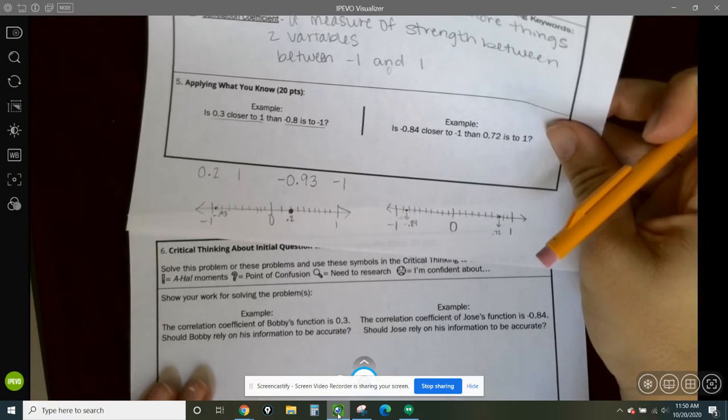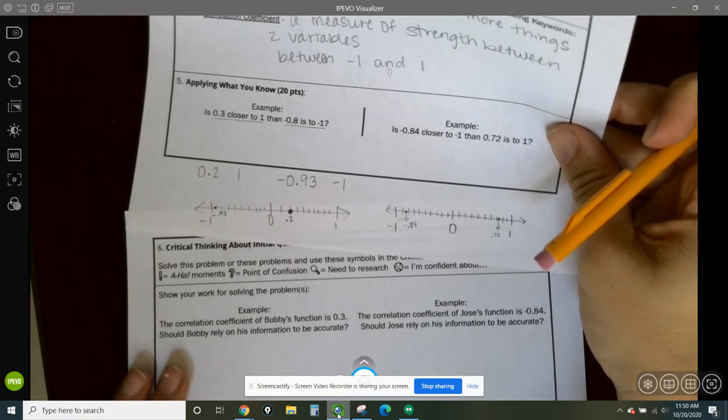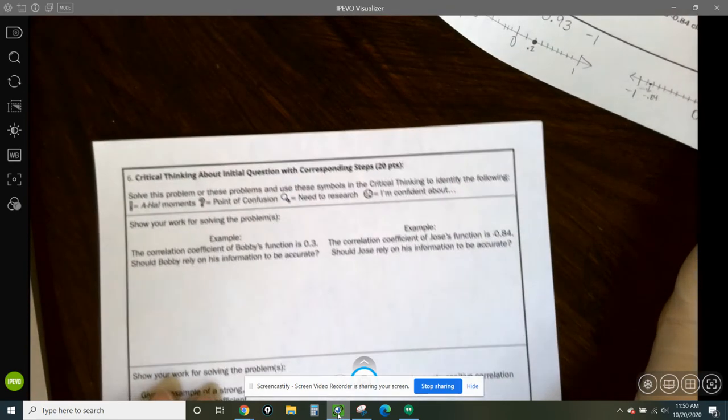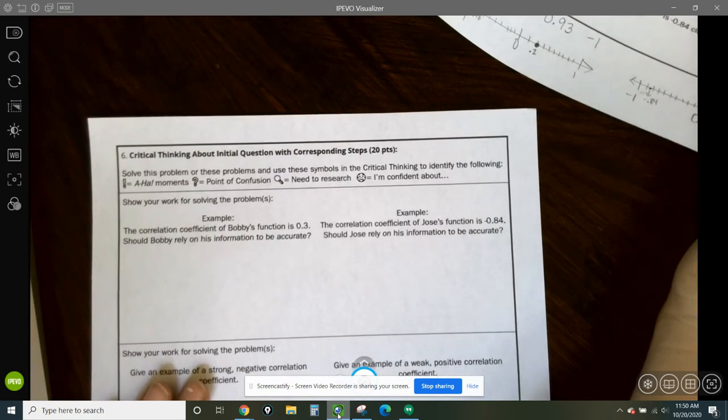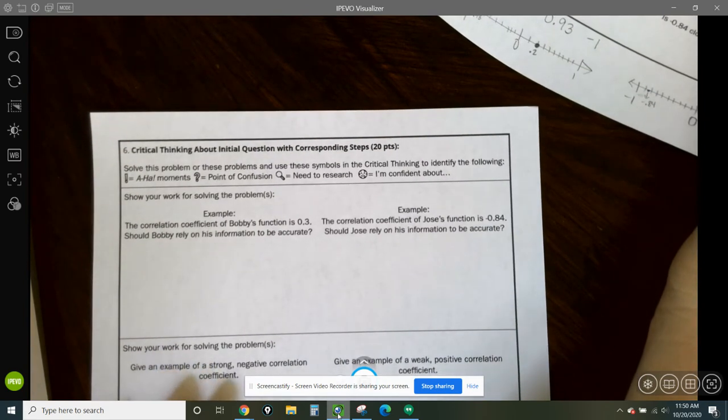So now we're going to take those same problems that we just did, and we're actually going to answer a question about them now. So the correlation coefficient of Bobby's function is 0.3. Should Bobby rely on this information to be accurate? So back in the lesson, it talks about what makes a strong correlation coefficient.